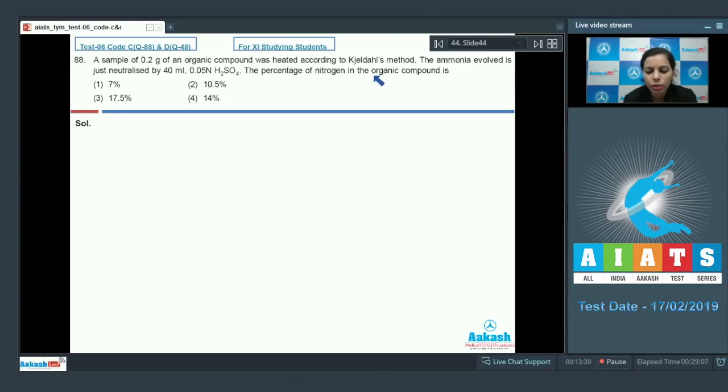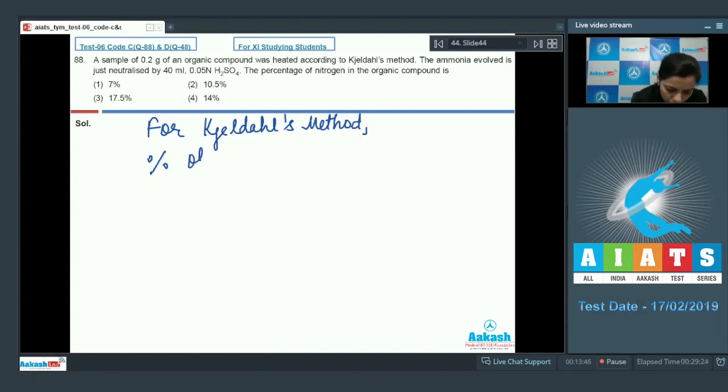The percentage of nitrogen in the organic compound is, for Kjeldahl method, we can calculate percentage of nitrogen by the simple formula that percentage of nitrogen is equal to milli equivalent of ammonia that's released into 1.4, and that is divided by the weight of the organic compound taken.